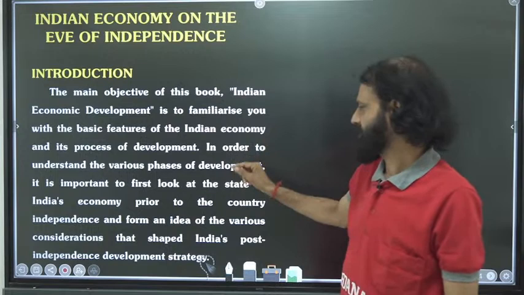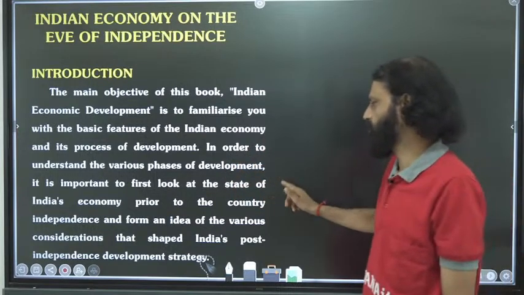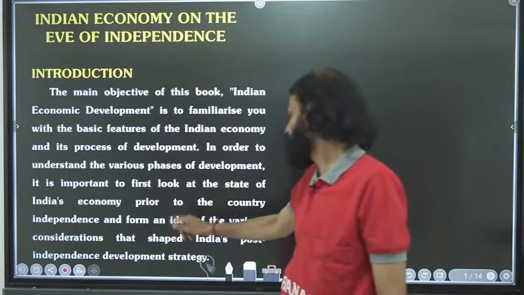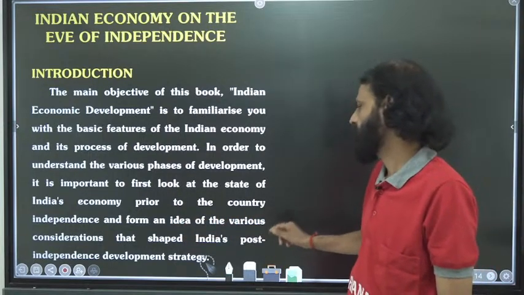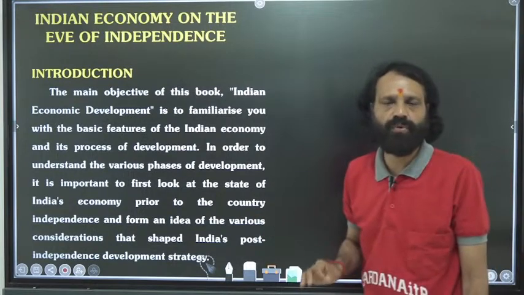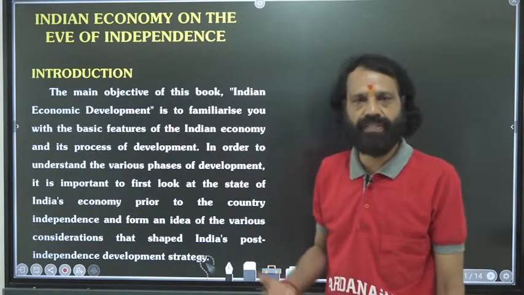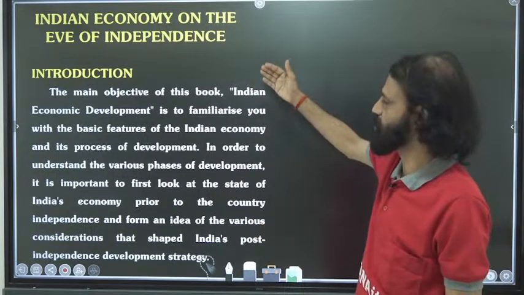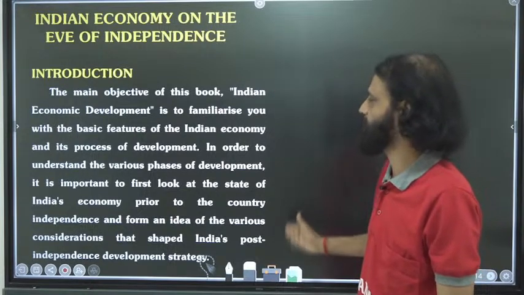In order to understand the various phases of development, it is important to first look at the state of India's economy prior to the country's independence and form an idea of the various considerations that shaped India's post-independence development strategy. In this lesson, we will also study the present economic state of India. At present, what India is doing in the field of its economy, that also we will come to know.